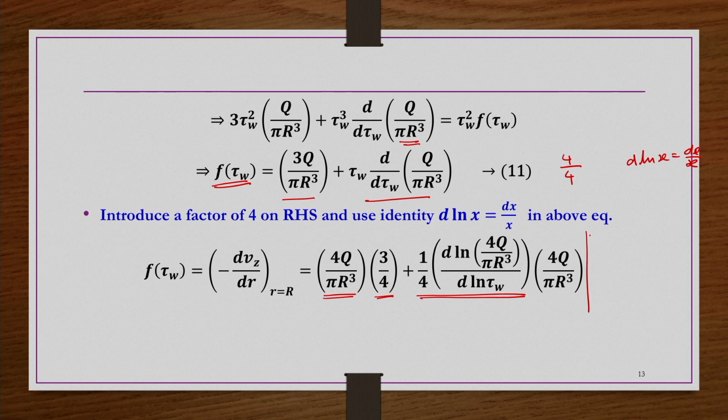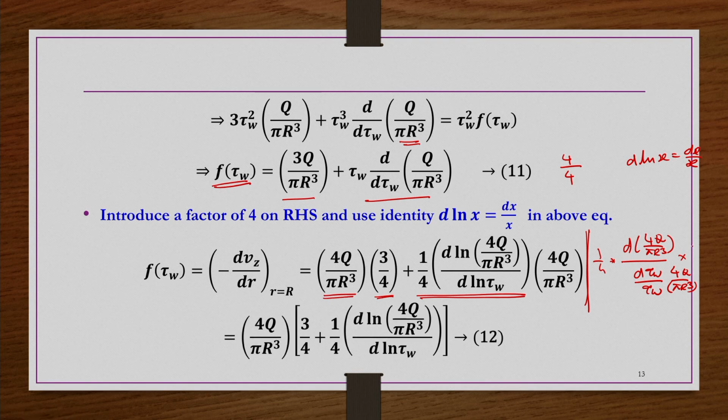So, then what we are having, we can cross check, let us say we have a 1 by 4 here, whether we are getting the same term or not. So that should be d ln x is dx by x. So d of 4 q by pi R cube divided by 4 q by pi R cube, and then d ln tau W we can write d tau W by tau W. So another 4 q by pi R cube is as it is here.